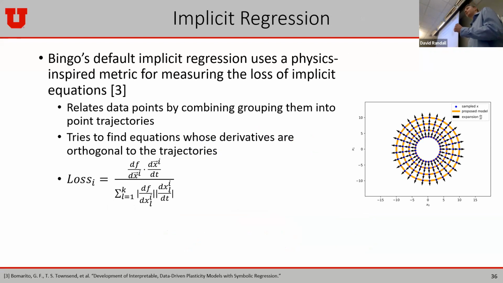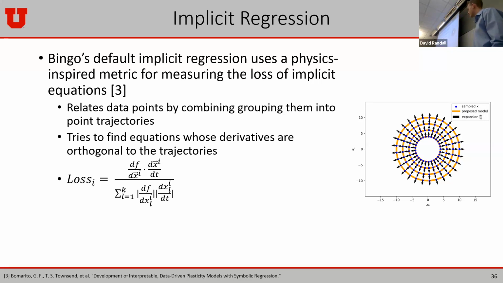So Bingo's implicit regression uses the idea that points can be viewed as trajectories moving throughout time. So for example, in the case of an expanding circle, we could have points along the circle, and if that circle is expanding throughout time, then those points will have trajectories as shown on the right.